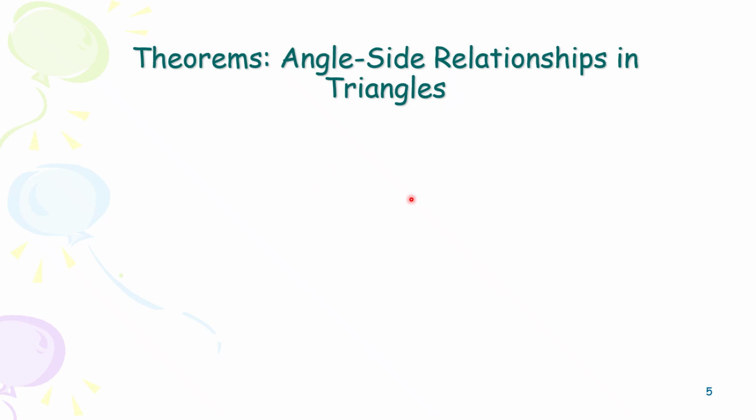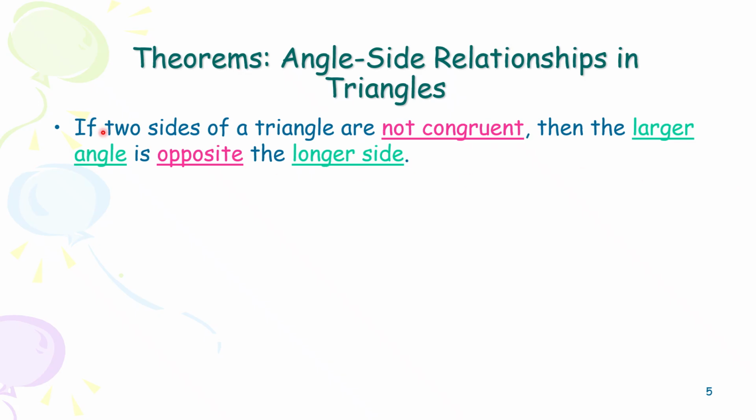Okay, let's now look at the theorems about triangles. We have the side-angle relationship in triangles. If two sides of a triangle are not congruent, then the larger angle is opposite the longer side.